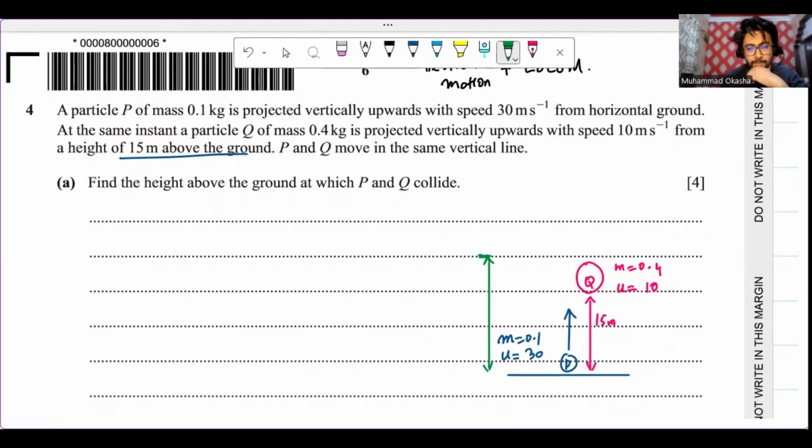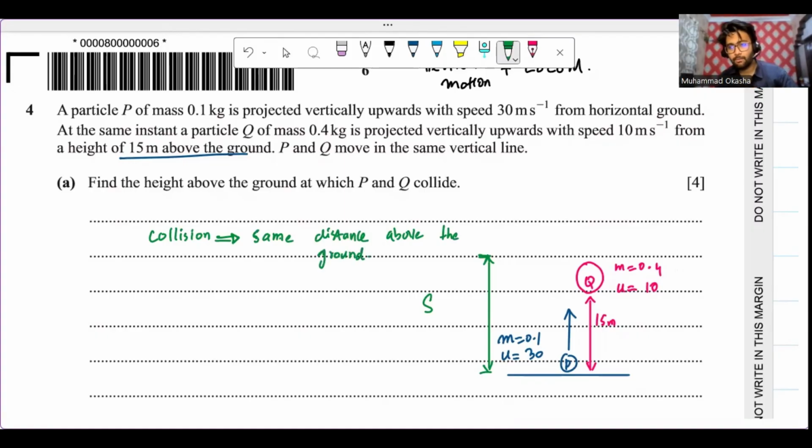Let's say that height for particle P is going to be S. Collision is where the two particles meet each other, and that is the same distance above the ground. I hope it makes sense, because it's going to be a single point where the particles meet, at the same distance above the ground.